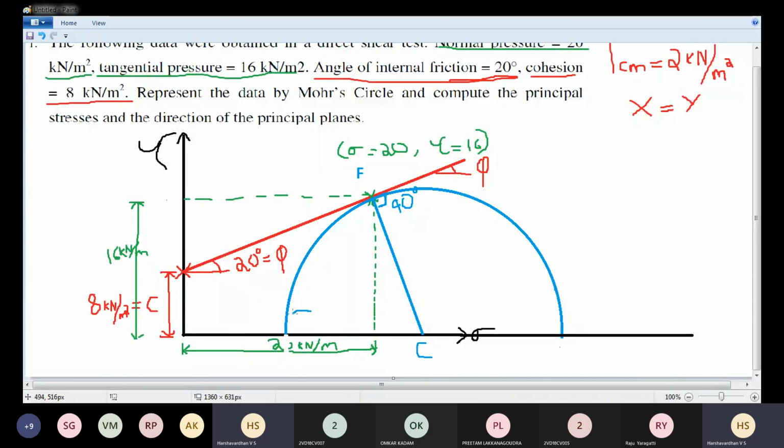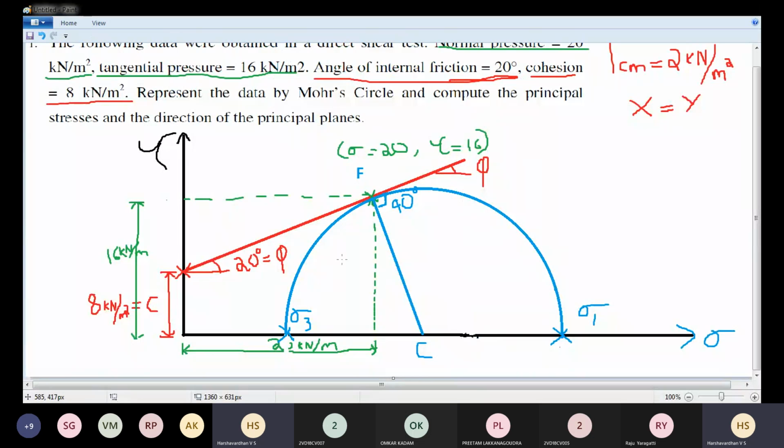So this is sigma 3, and this is sigma 1. Principal stresses: minor principal stress sigma 3, and this is major principal stress sigma 1. Okay, so they asked us to represent the data by Mohr circle.